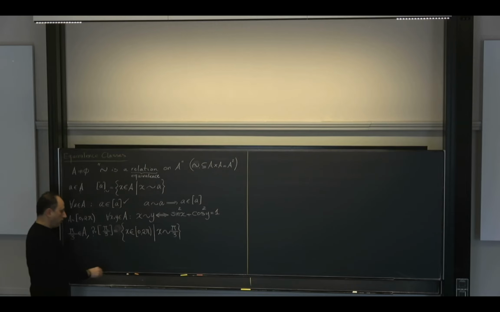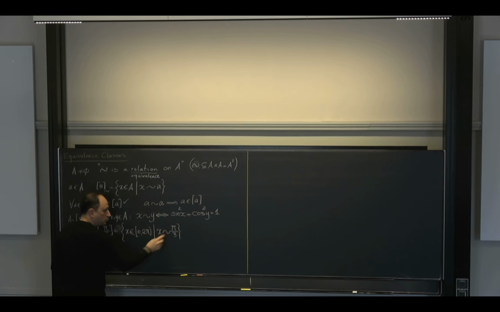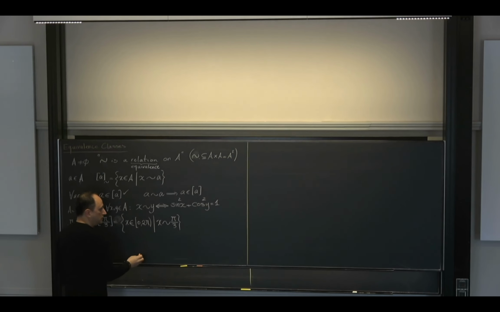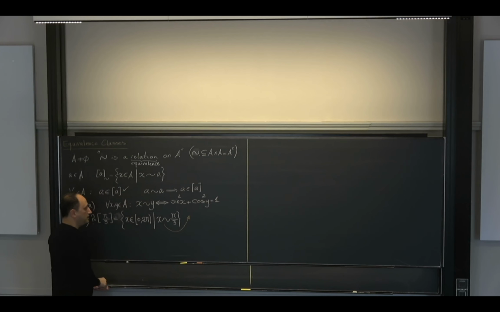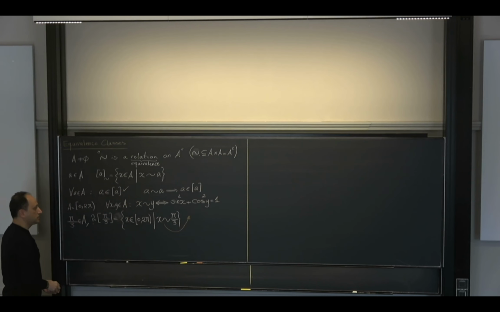Okay, in order to understand which one of them I have to choose, I have to ask myself, which of these elements are related to pi over 3? So I will take this and translate it here. What is the meaning of x is related to pi over 3?